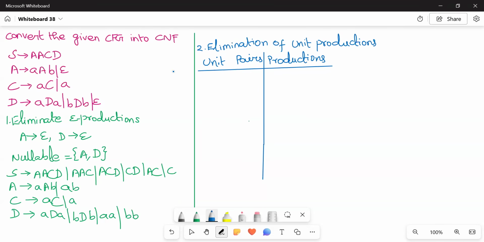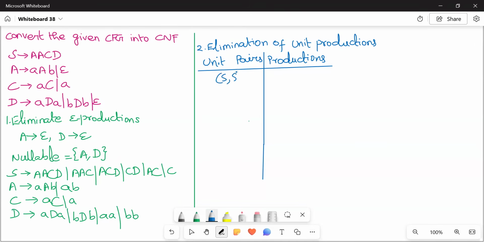Here there are four variables, so we need to write SS, AA, CC, and DD as unit pairs. Then we need to consider all the pairs one by one and check whether any new unit pairs are generated based on the recursive or induction step.